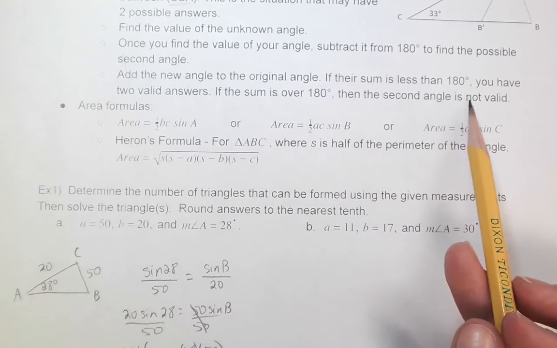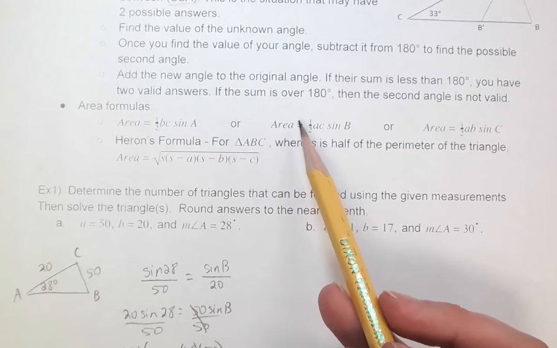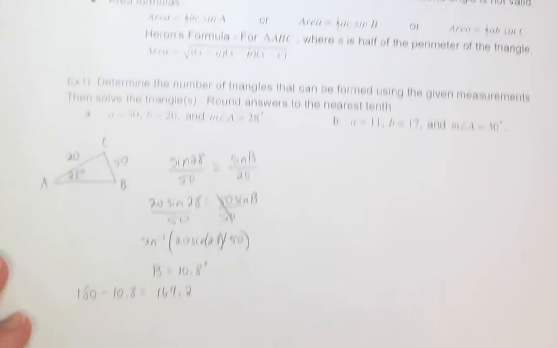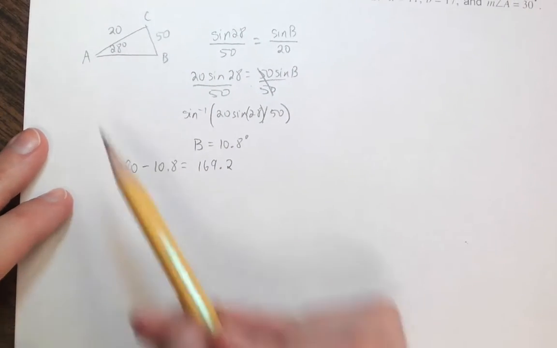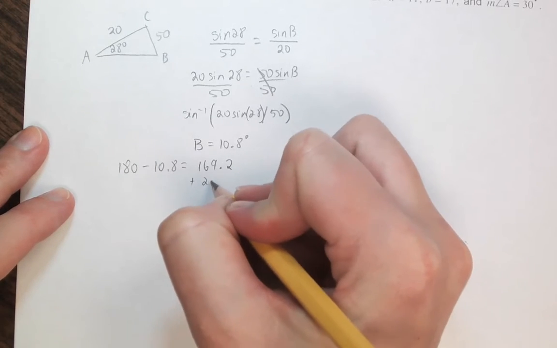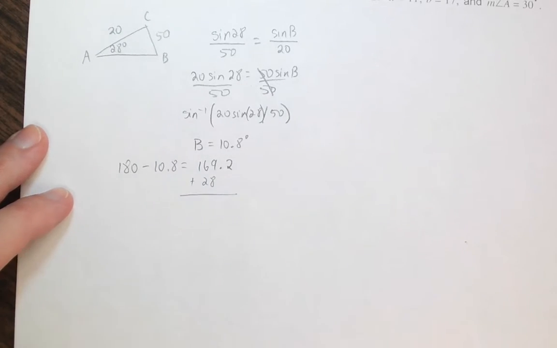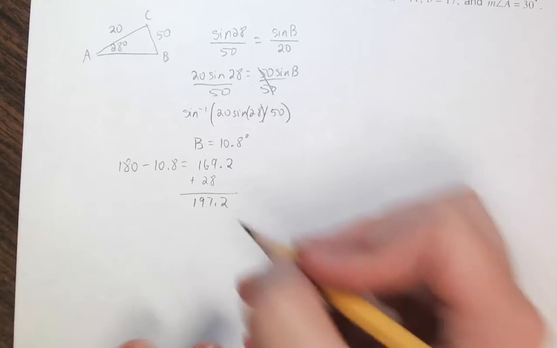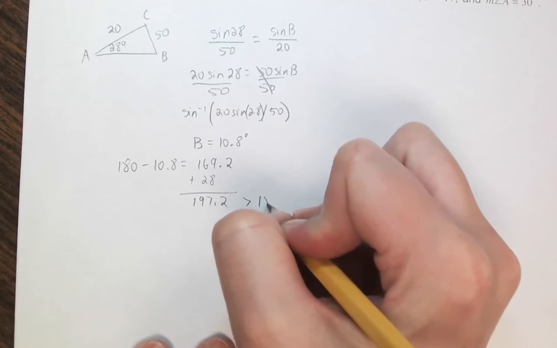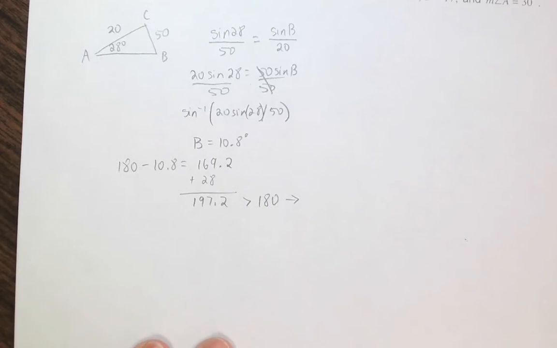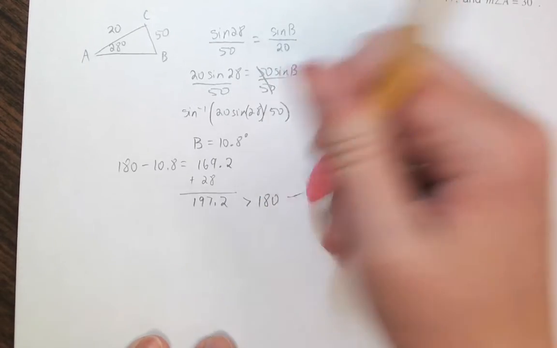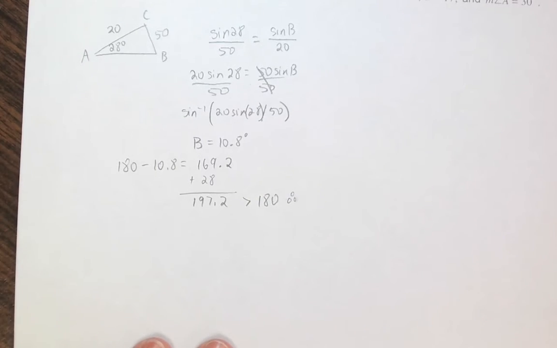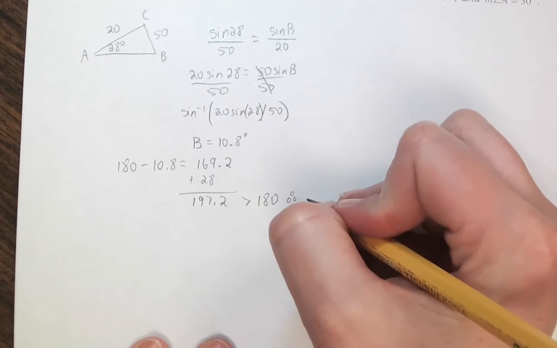If the sum is less than 180, then you have two valid answers, but if the sum is greater than 180, then that wouldn't create a triangle. My original angle was 28, so I add 28 onto this, and that gives me 197.2. Since this was greater than 180, I'm going to use my therefore symbol, which means therefore: therefore, we only have one triangle.